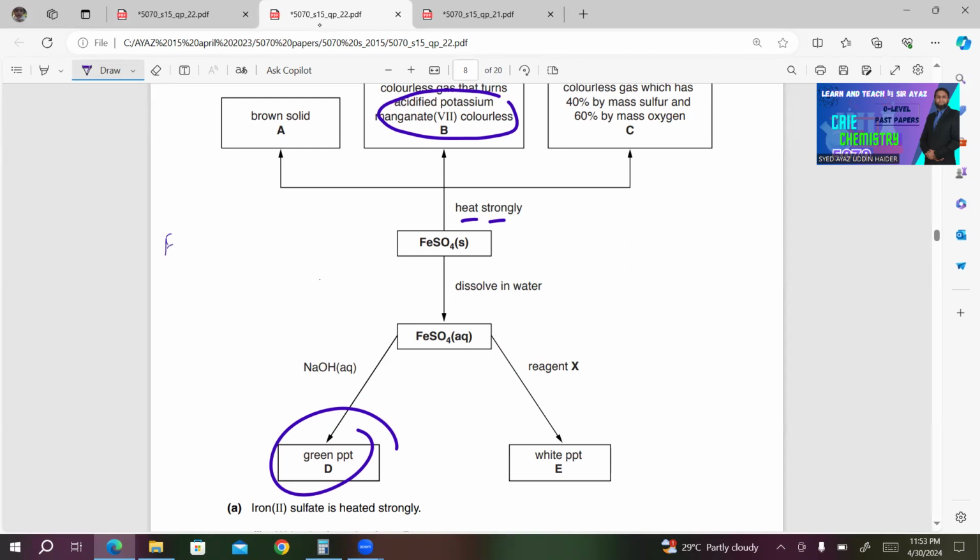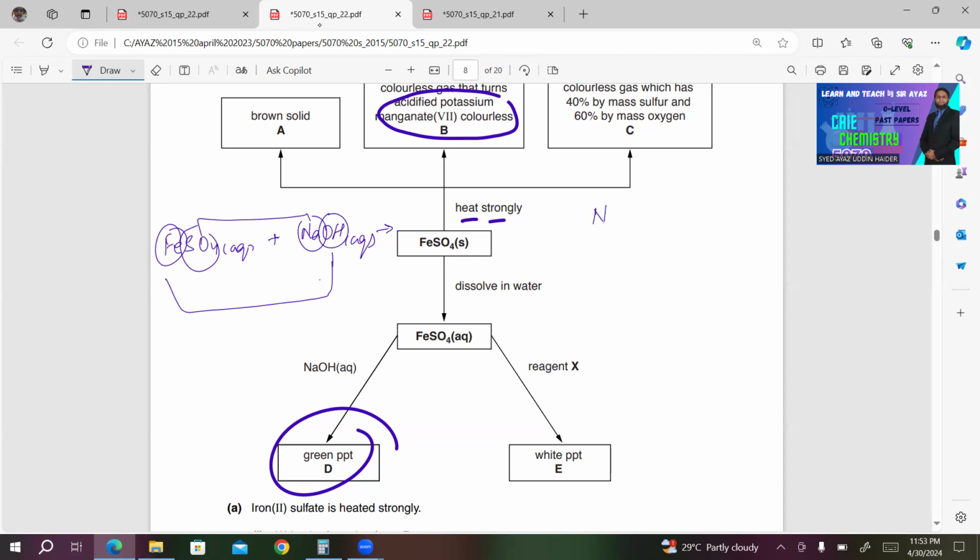So when FeSO4 aqueous is reacted with NaOH aqueous, double displacement will take place. The partners will be exchanged. Na will join with SO4. Fe will join with OH. What about the formula?